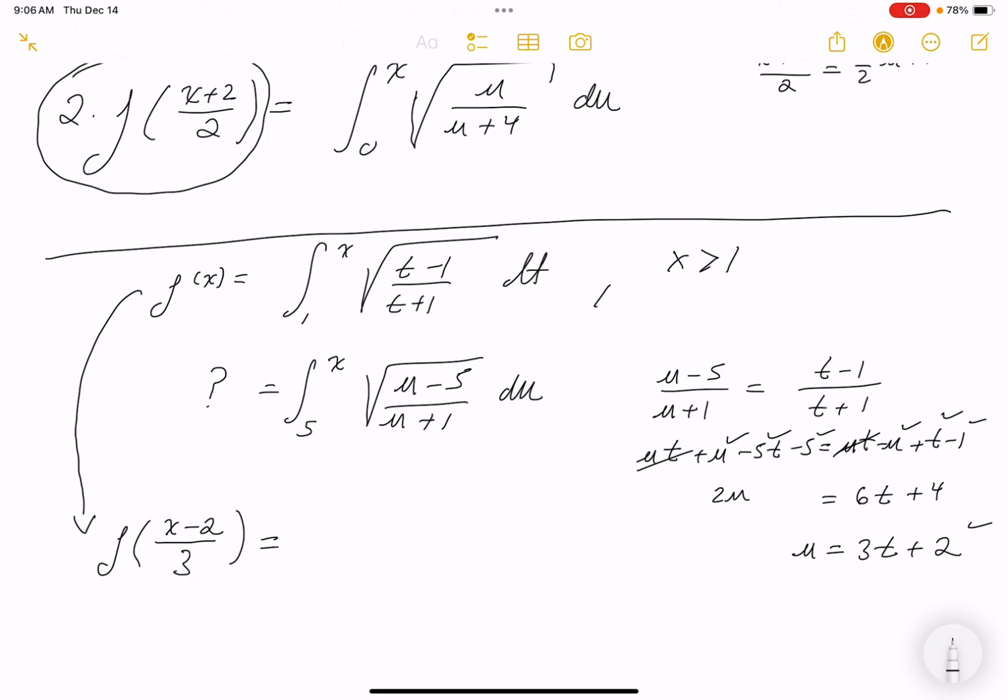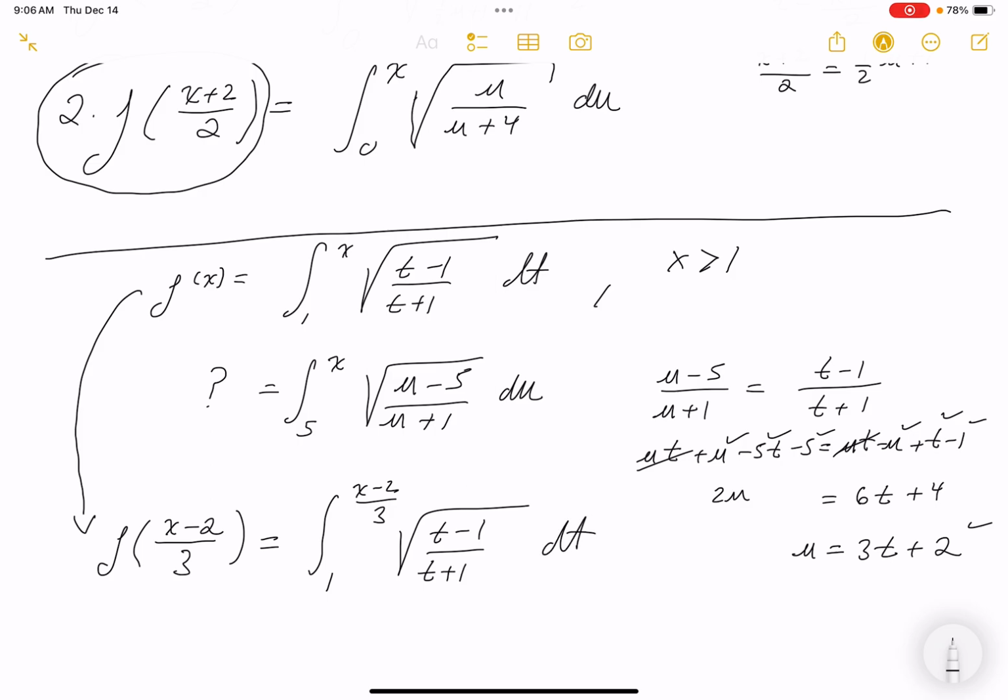This will be equal to the integral from 1 to (x minus 2) over 3 of the root of (t minus 1) over (t plus 1) dt.